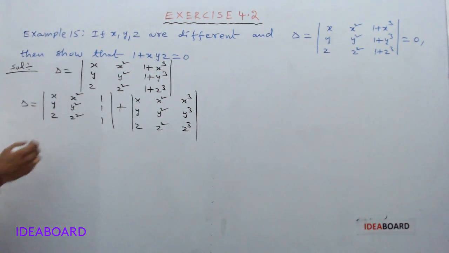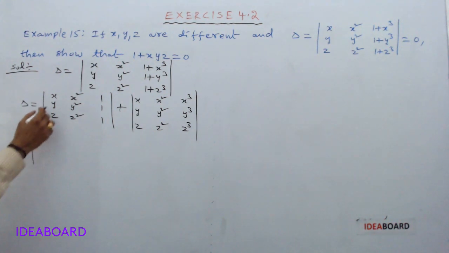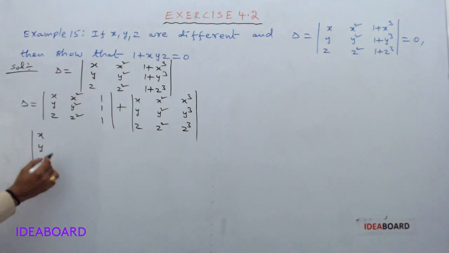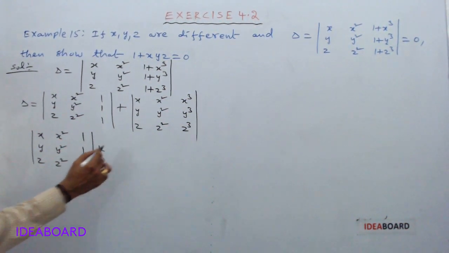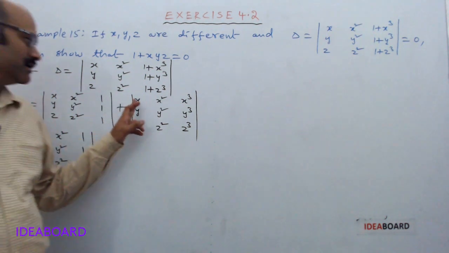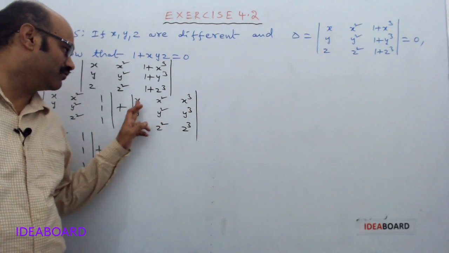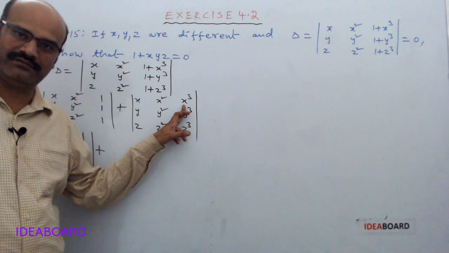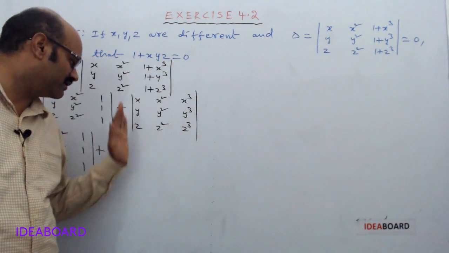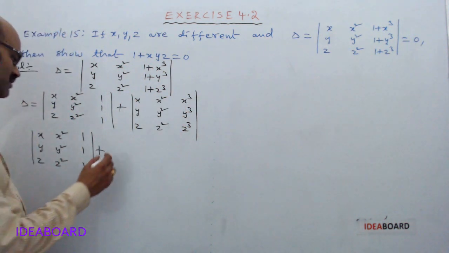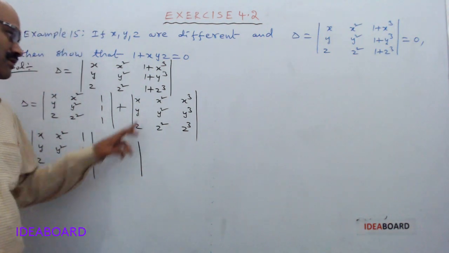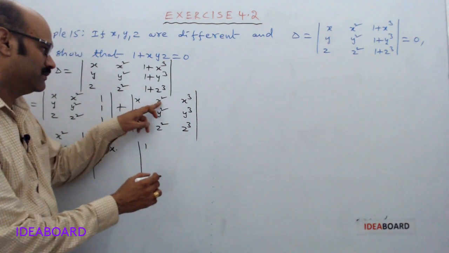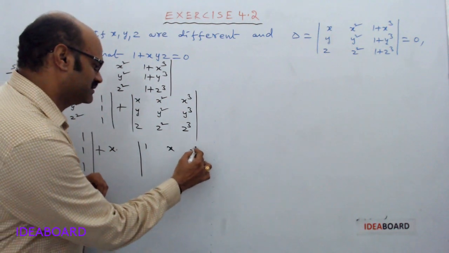It implies we have to take now x, y, z, x square, y square, z square, 1, 1, 1 plus, in R1 here we have x as a common factor. Take that common factor outside. So x into 1, x, x square.